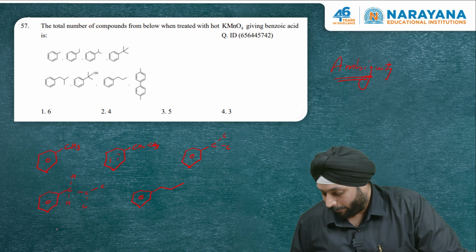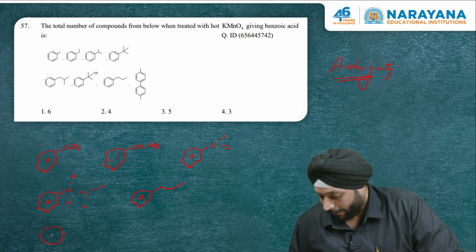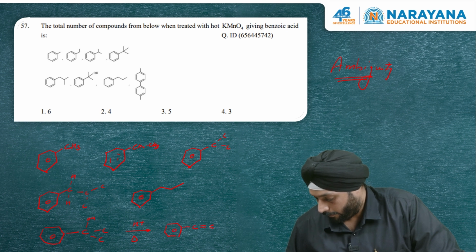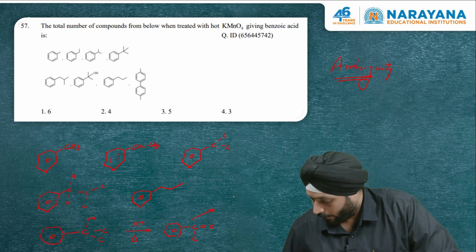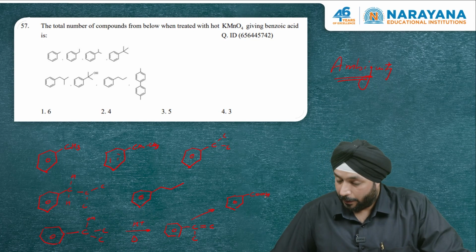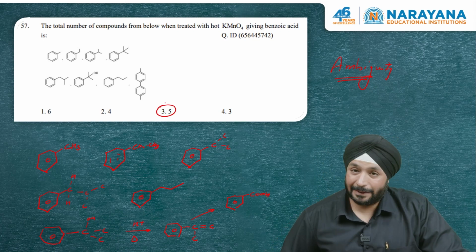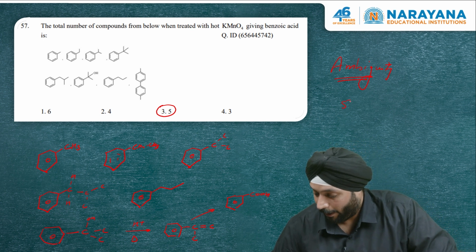But in one case, when acidic medium is there, this molecule can undergo an elimination reaction first to form an alkene, and you know KMnO4 will oxidize this molecule directly to benzoic acid. So the most appropriate answer should be 5, but if acidic medium is given, the answer can be 5 or 6.